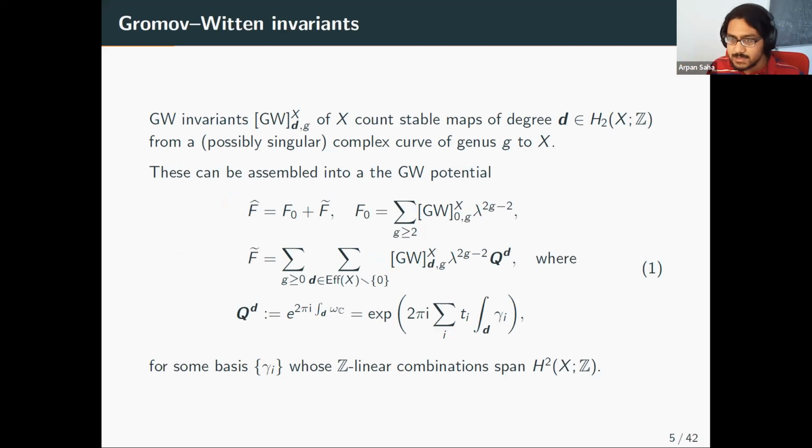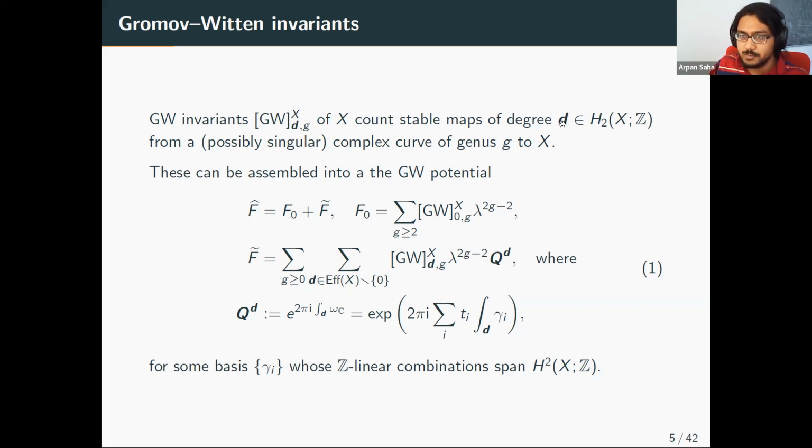Okay, so let us fix a Calabi-Yau threefold X, and let us also fix a basis of holomorphic curves generating its second homology. Then, given a tuple of non-negative integers d, we may ask how many holomorphic maps there are from a possibly singular Riemann surface of genus g to X, such that the number of times the image of the map wraps around the basis of curves is given by the tuple d.